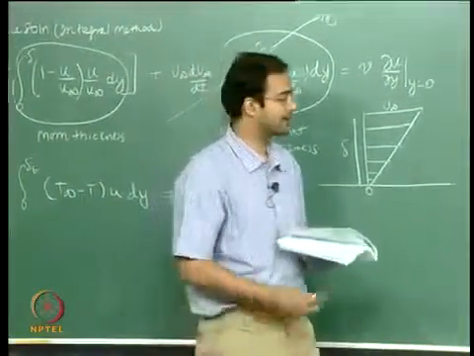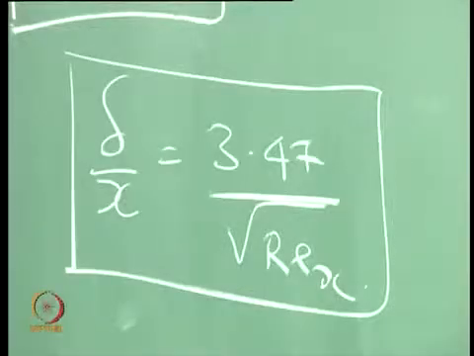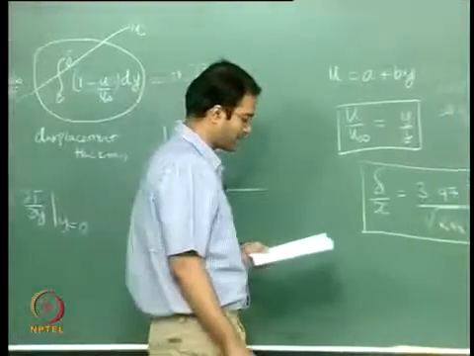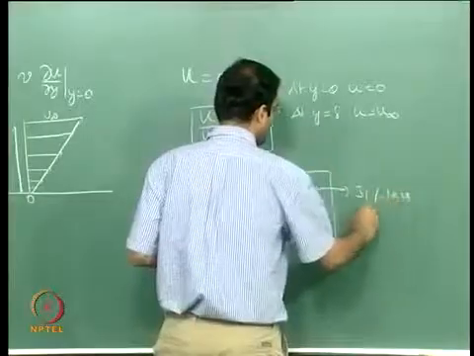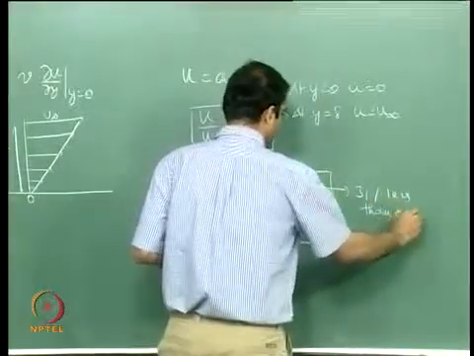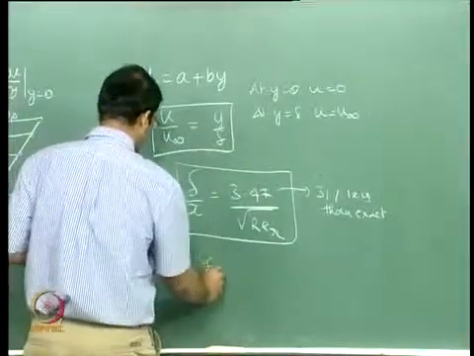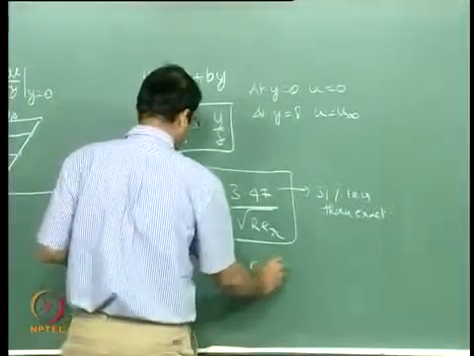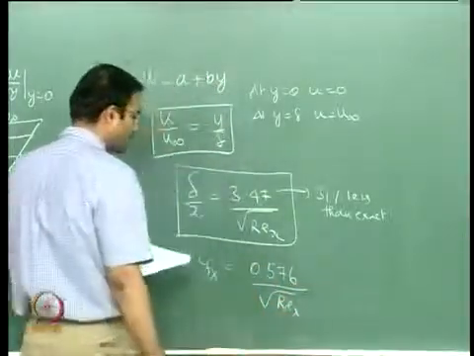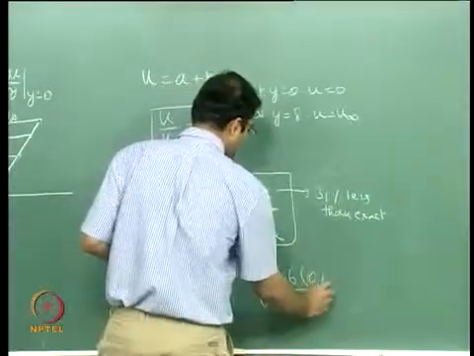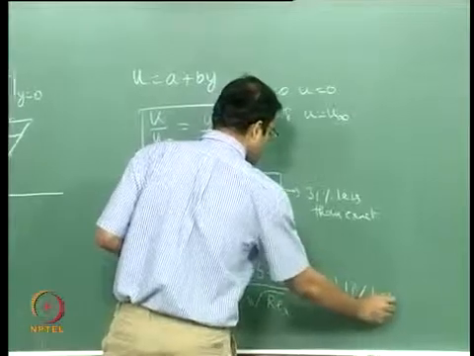Still, this is a reasonable way to get started, to get an order of magnitude of the boundary layer thickness. This is about 31% less than the exact solution, and so was the local skin friction coefficient, which came out to 0.576 by square root of Reynolds number. The actual value was 0.664, so this is about 13% less than the exact solution.